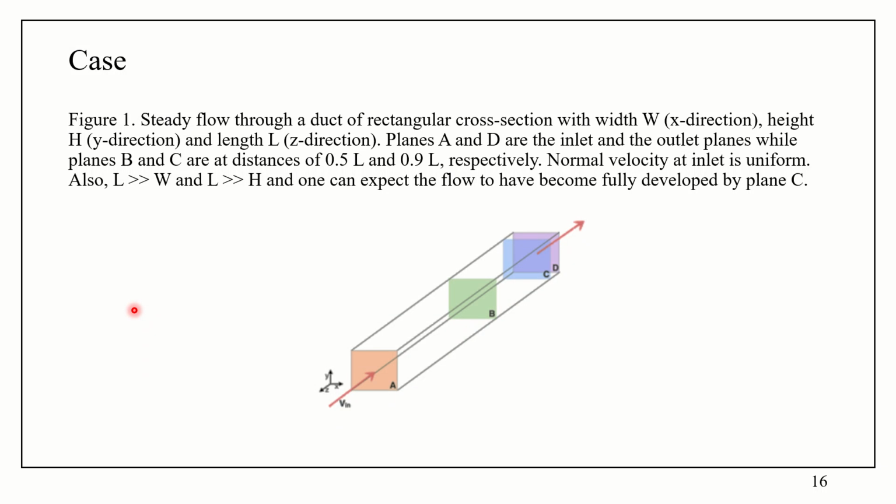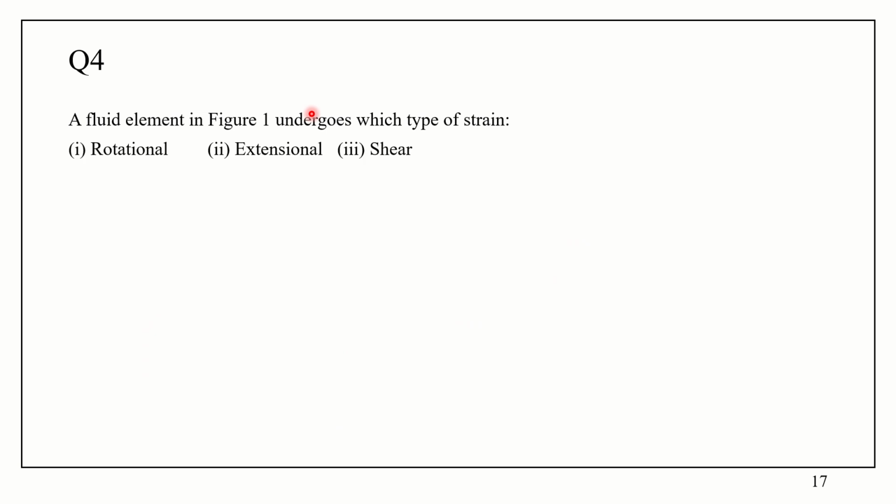So the first question from this case is question 4. A fluid element in figure 1 undergoes which type of strain? Options are 1, rotational strain, 2, extensional strain, and 3, shear strain. Option A is 1 and 2. Option B is 2 and 3.